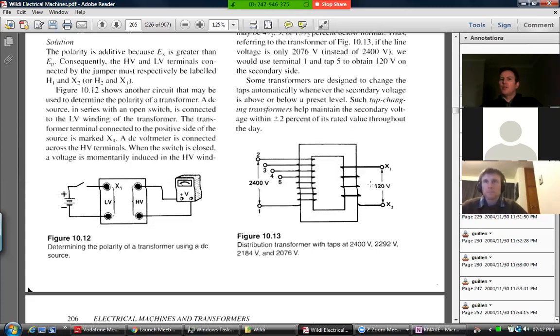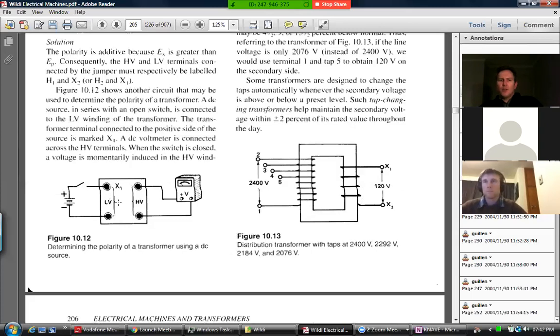So that the turns ratio between output and input will be a little bit different. So if this voltage dips here a little bit compared to what you want, you can just select a smaller tap so that this thing sees a bigger ratio here, and this one will actually end up boosting it on the secondary side. So you can make these adjustments.